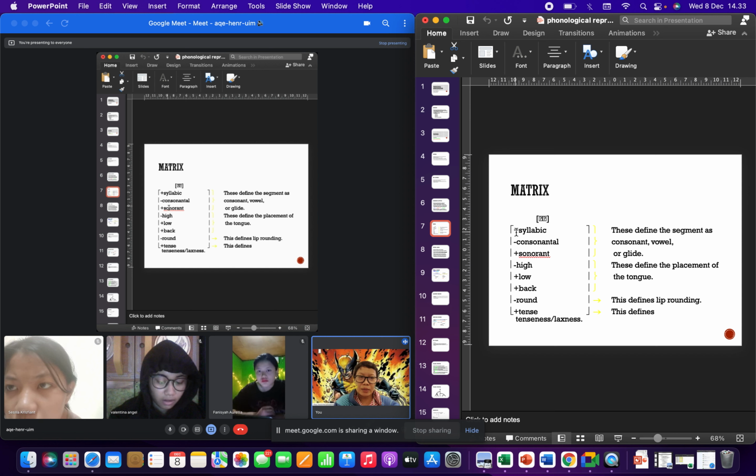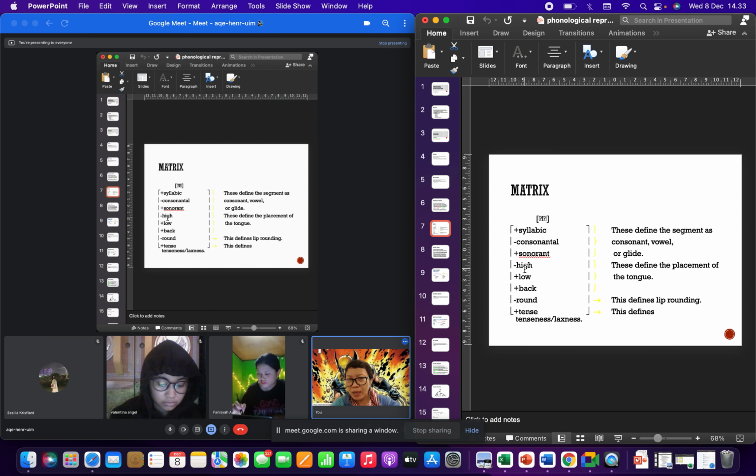So plus syllabic, minus consonantal, plus sonorant relate to the segment of consonant, the segment of vowel, or the segment of glide.